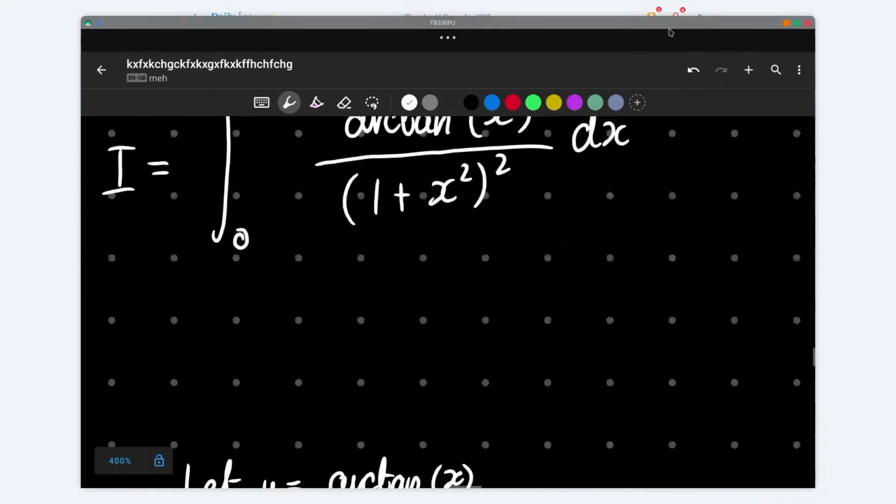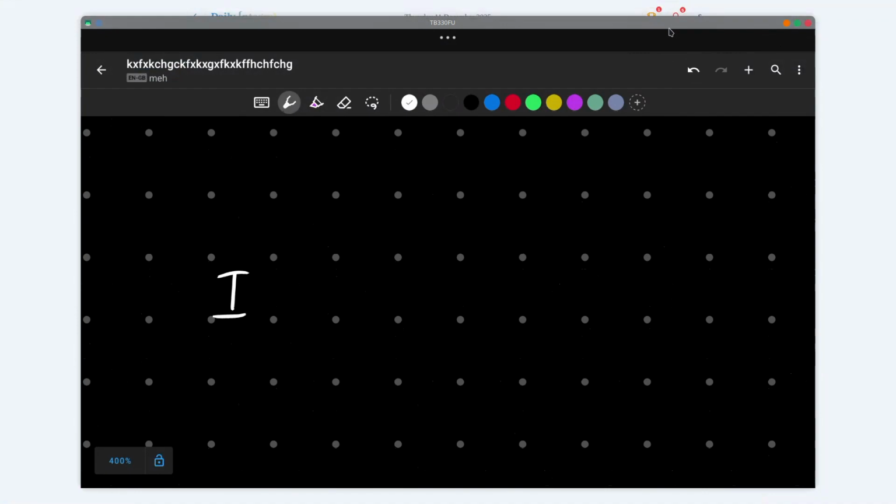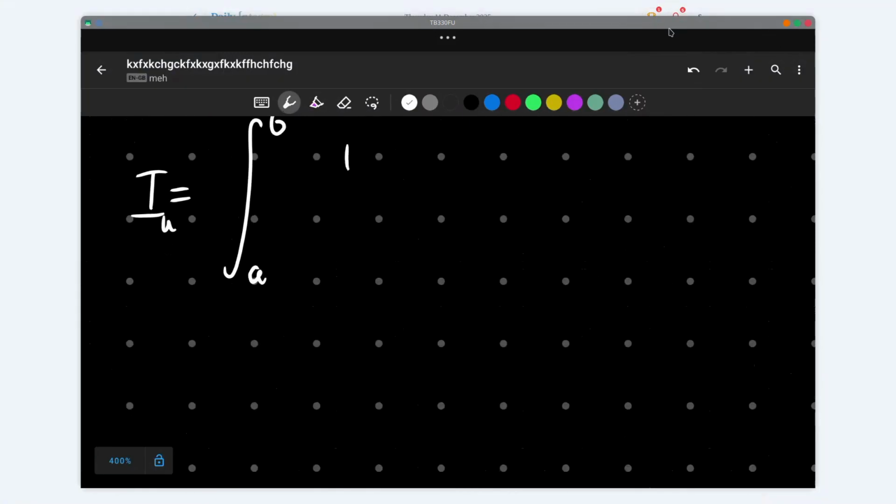You can see what I mean. I can only replace one of them, and I'm left with another one. So I in terms of u is equal to some integral from a to b. I haven't checked for how improper of an improper integral this is.